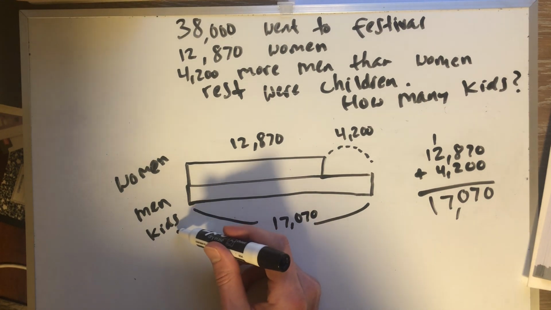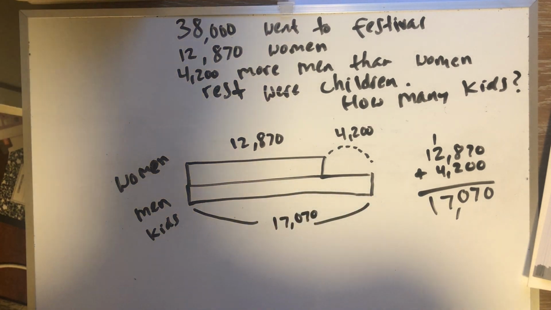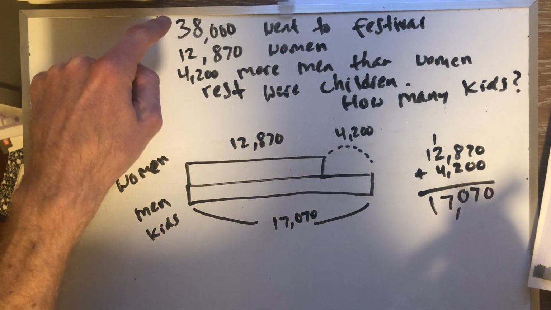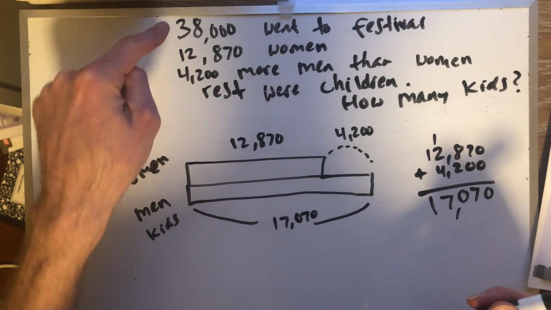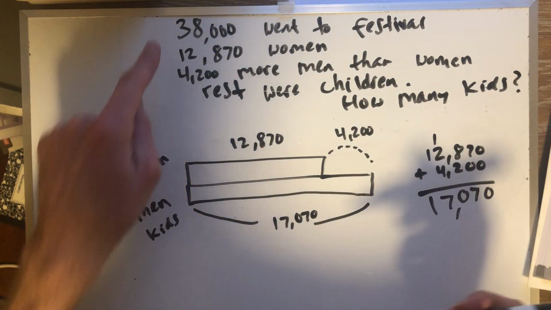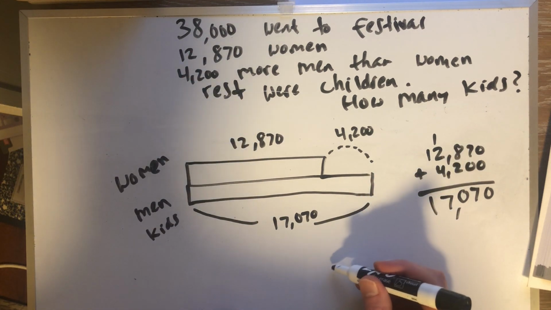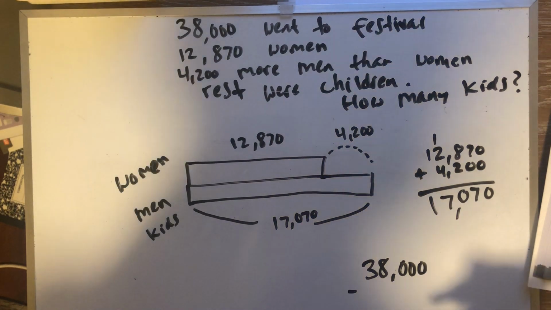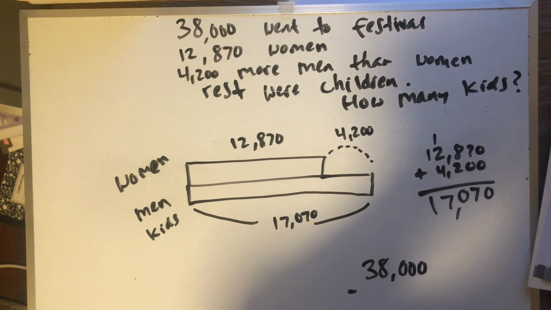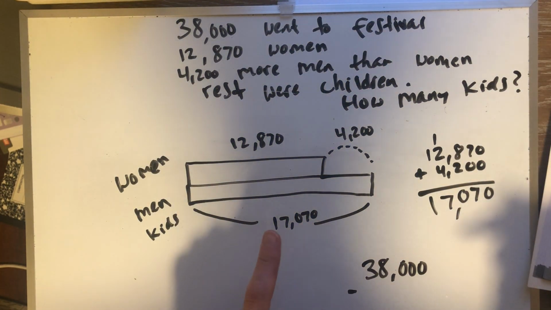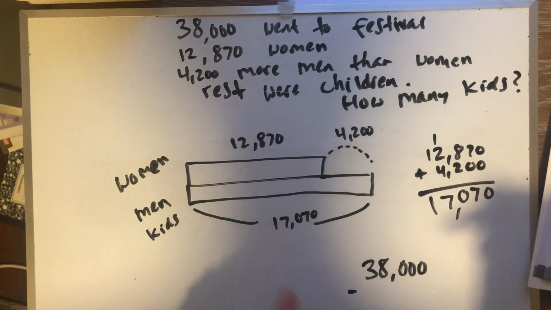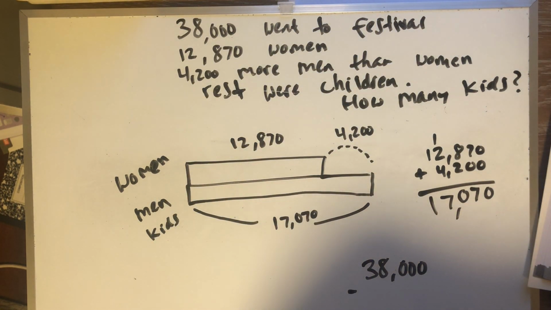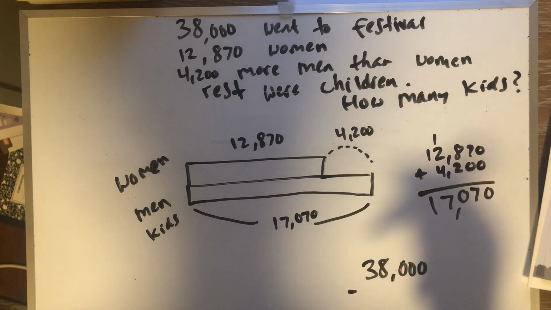But now we need to find out how many kids. So the kids bar is going to be somewhere down here too. Well, let's subtract the men and the women from the total, and we'll find out how many kids went. So the total, or how many people? Oh yeah, 38,000. And now we've got to subtract the men and the women from that.